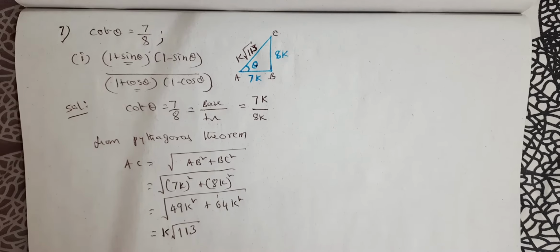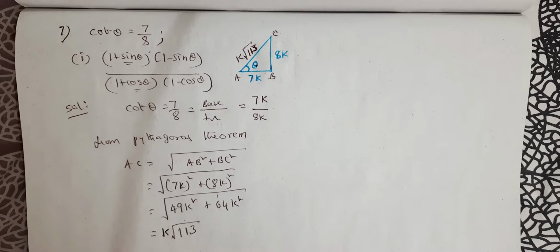Sine theta is always perpendicular by hypotenuse. Here the opposite side is the perpendicular, so 8k by k root 113, k gets cancelled. So we got 8 by square root of 113.